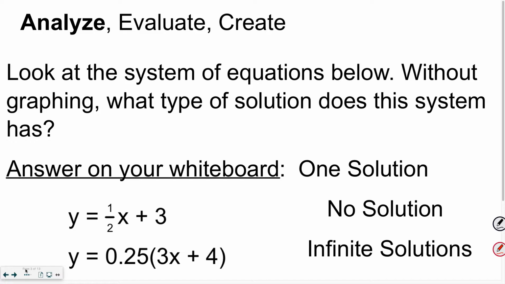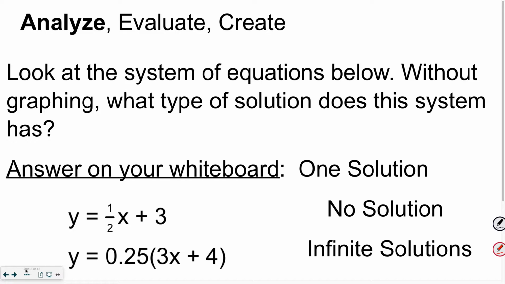Who wants to explain how they know that what they put on their whiteboard is correct? Go ahead. I think it's one solution because one starts low and increases rapidly, and this one starts a little bit higher, increasing less. How do you know?